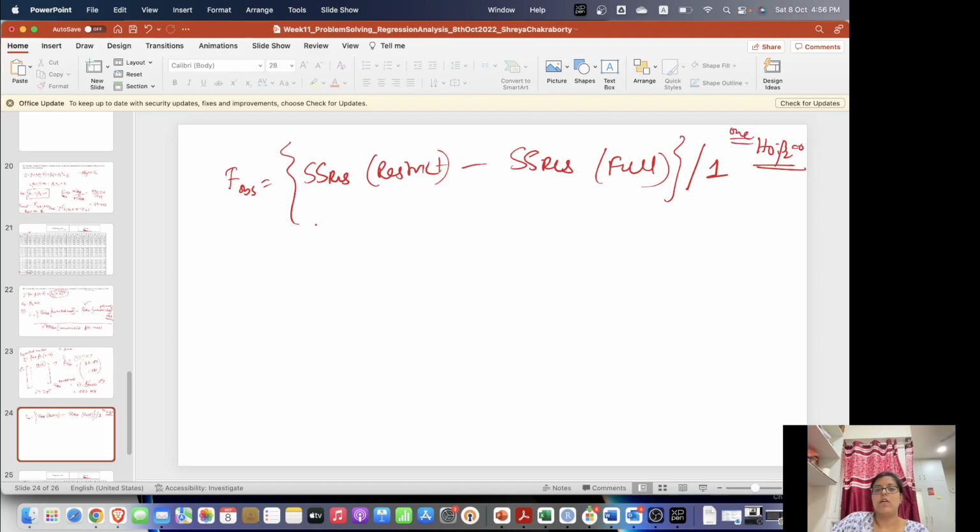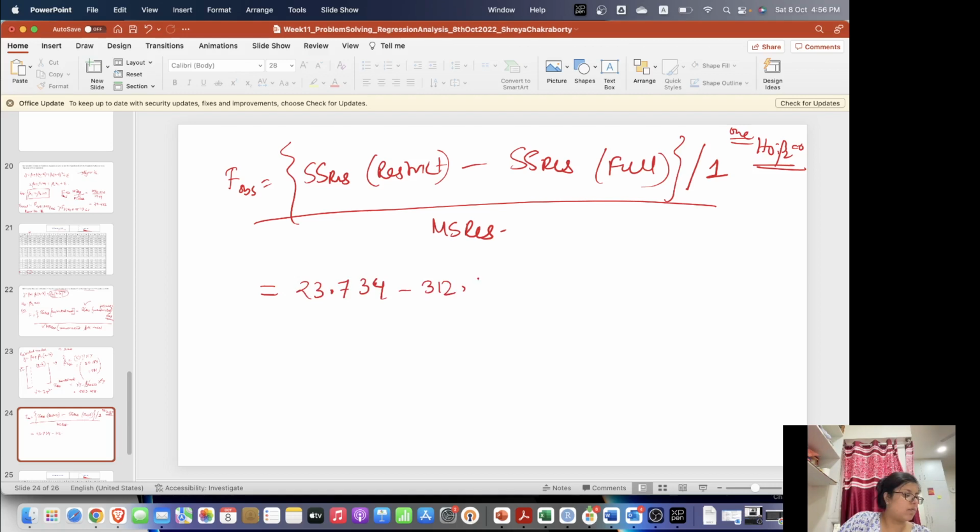So this one by MS residual. So finally this is 23.734 minus 312.64 by 19.54. This is 105.47.